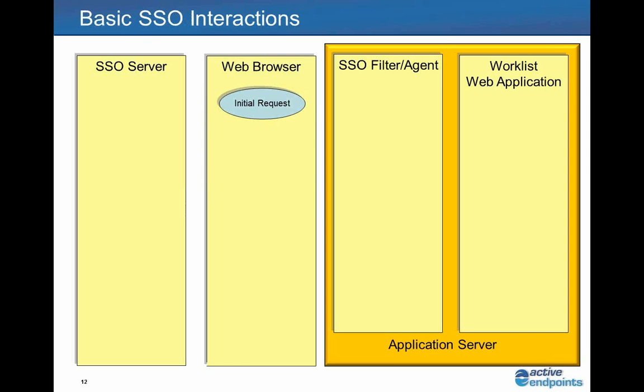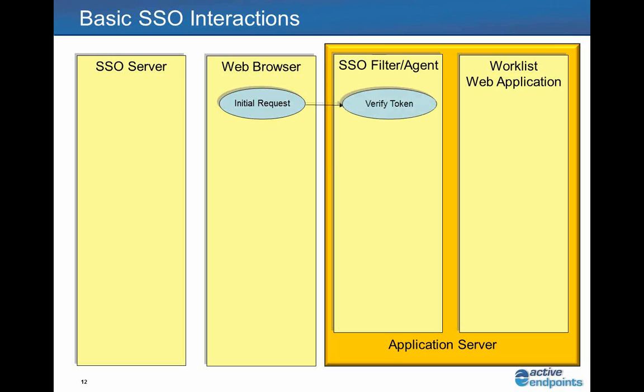So I started talking a little bit about the server, and the client, which is listed here as the SSO filter/agent. Then there's the actual application, in this case the work list web application, and then the user using the browser, Firefox or whatever it is. It starts with an initial request to do something in an app.